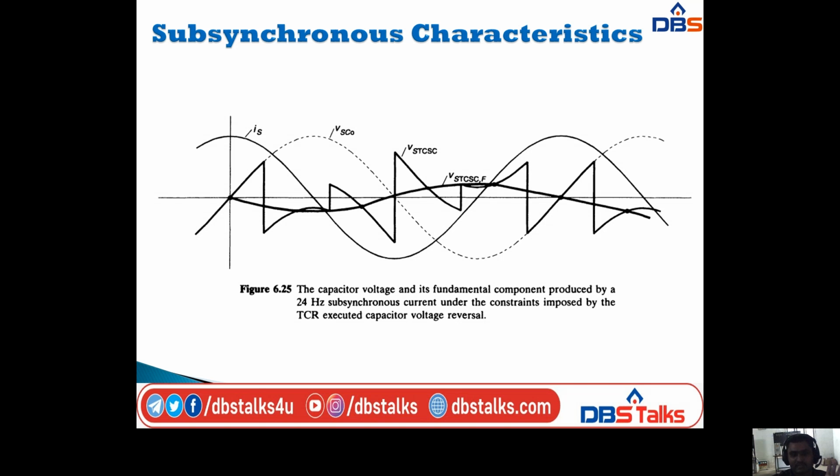The capacitor voltage VSC TCSC and its fundamental component, that is VSC TCSCF, are produced by a 24 Hz subsynchronous current under the constraints imposed by the TCR, executed capacitor voltage reversal. And we have the current, that is IS.